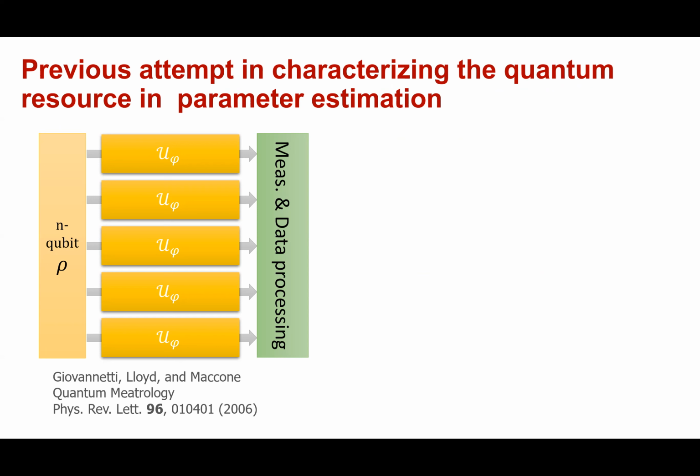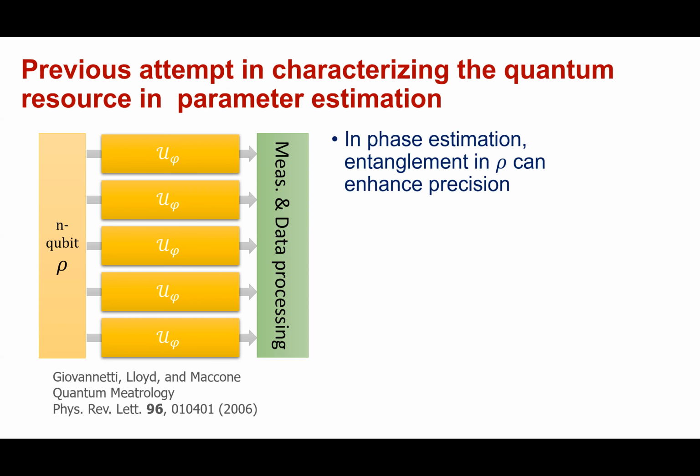If the state rho is a GHZ state, which is essentially the maximally entangled multiqubit state, then one can reach the so-called Heisenberg limit, which cannot be reached classically. Therefore, after this paper, for several years, people tended to think entanglement is the resource underlying phase estimation.